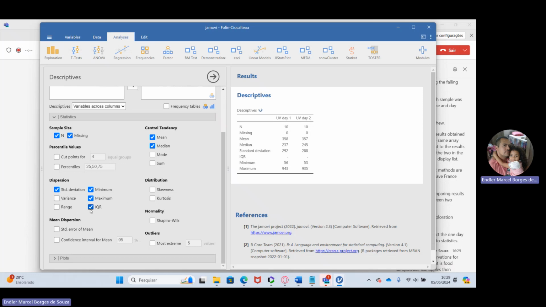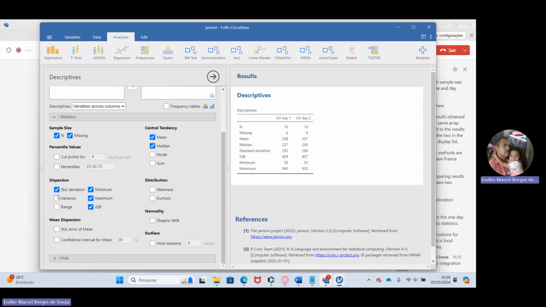When I go to interquartile range and standard deviation, you can see that the reducing power obtained on day 1 is very close to what was obtained on day 2. The results were numerically close.